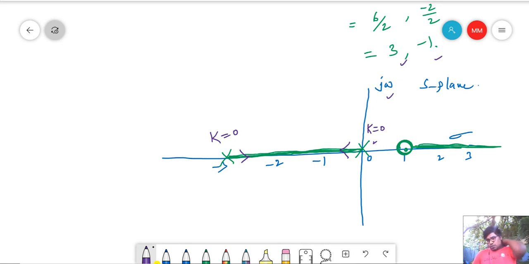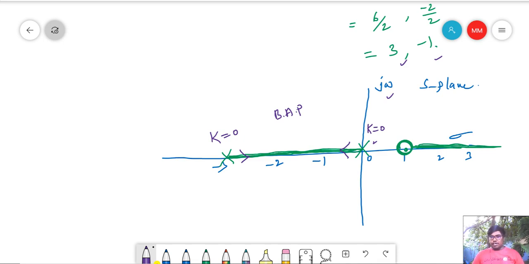Okay, so breakaway point, already discussed in the last class. Breakaway point lies within the root locus, and that root locus lies between 2 open loop poles. So here, see, the root locus is present between 2 open loop poles. So our breakaway point compulsorily lies within this 0 to minus 3 only.